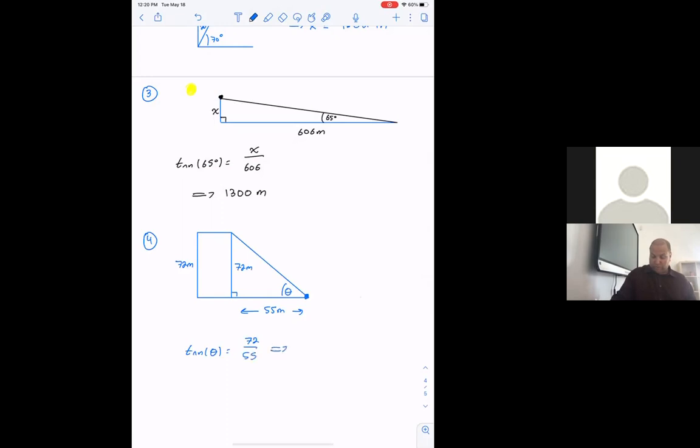That's great, but I want theta itself. How do I get theta itself from opposite and adjacent? Well, we've done that before. It's the arctangent or the inverse tangent. So inverse tangent of 72 over 55. And that gives us, with no instructions, so it'll be to 3 sig figs, 52.6 degrees.